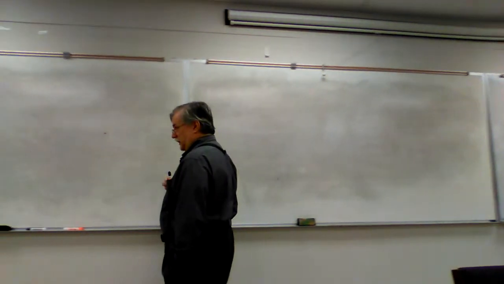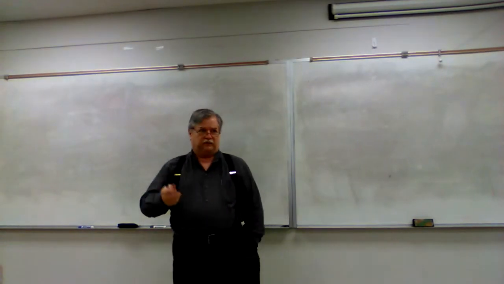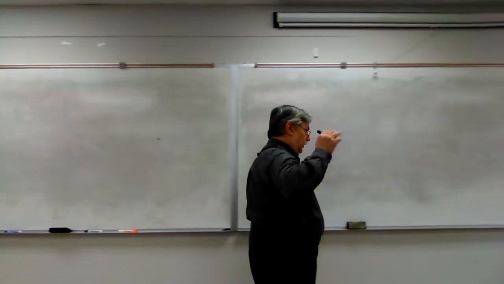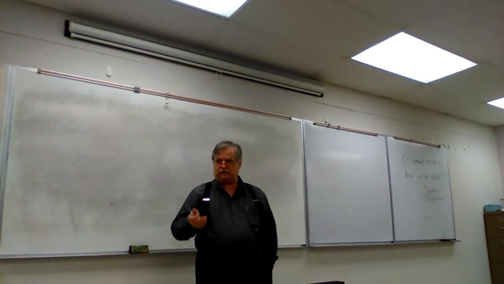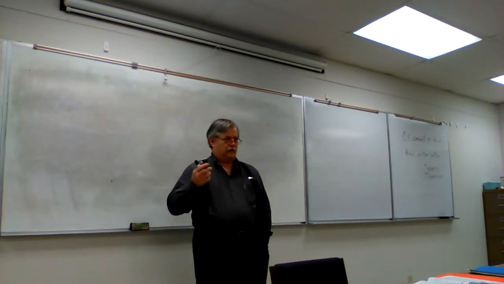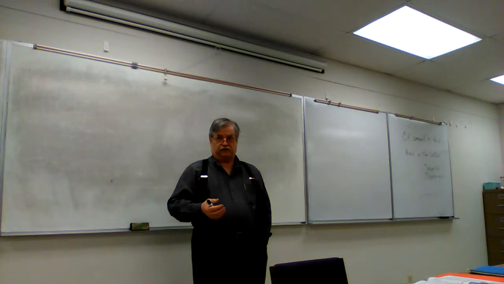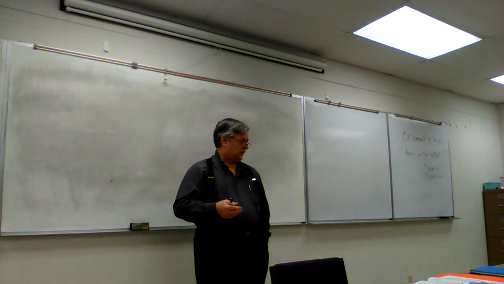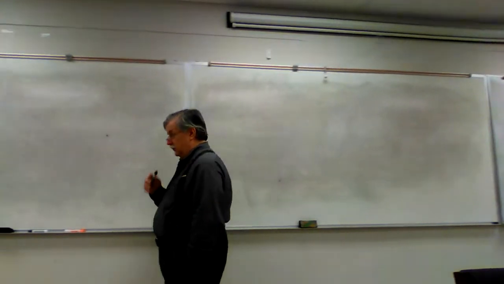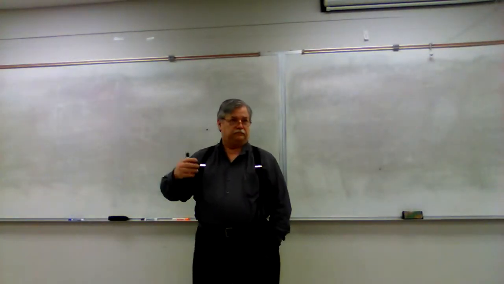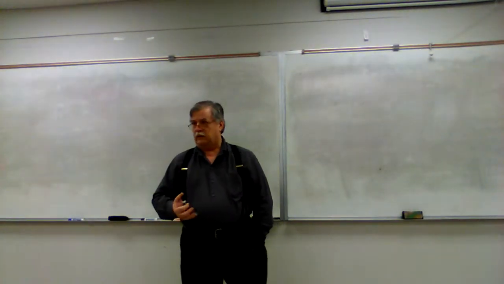Now, when we started at the beginning of the semester, we developed those kinematic equations, and all of the forces and the vectors and everything we did was always based on one assumption: constant acceleration. Right? And we kind of moved away from that when we got to conservation of energy.